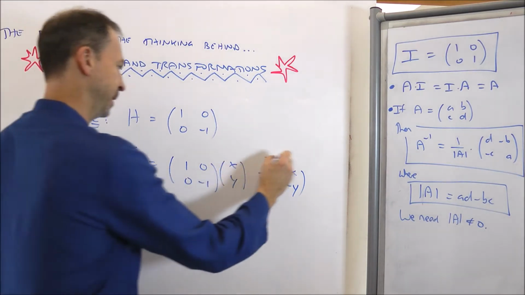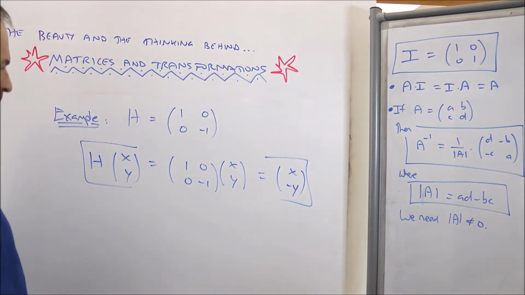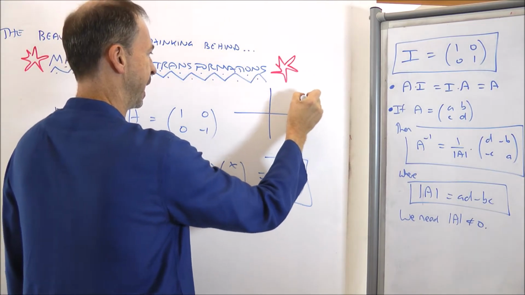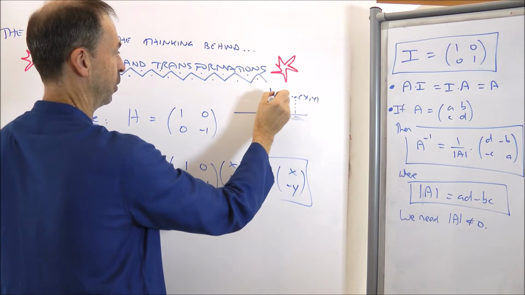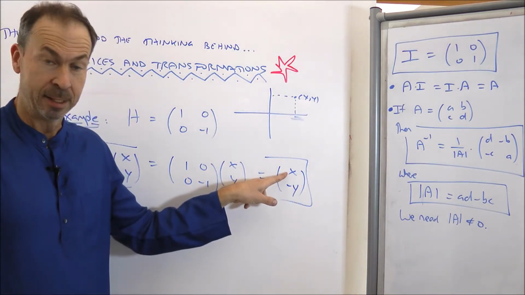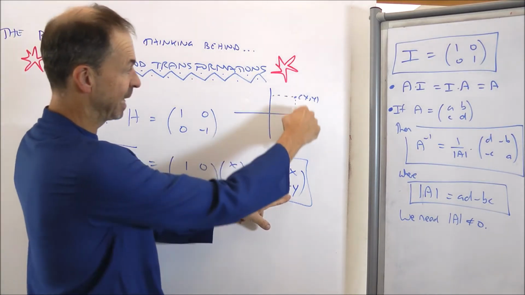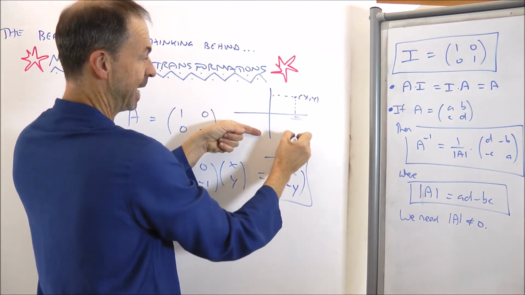Now the question is, what is that geometrically? So let me draw a picture. Where can I draw my picture? Okay, I'm not very good with my board space here, but here's a point x, y. It has x coordinate x, and y coordinate y. This new point has the same x coordinate, but the y coordinate is now made negative, negative y. So it's still at the same x coordinate, but instead of being y up, it is now y down.